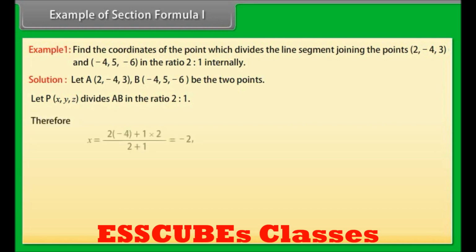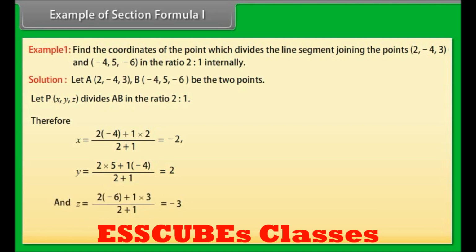Therefore, X = (2 × -4 + 1 × 2)/(2 + 1) = -2, Y = (2 × 5 + 1 × -4)/(2 + 1) = 2, and Z = (2 × -6 + 1 × 3)/(2 + 1) = -3. Thus, the coordinates of P are (-2, 2, -3).